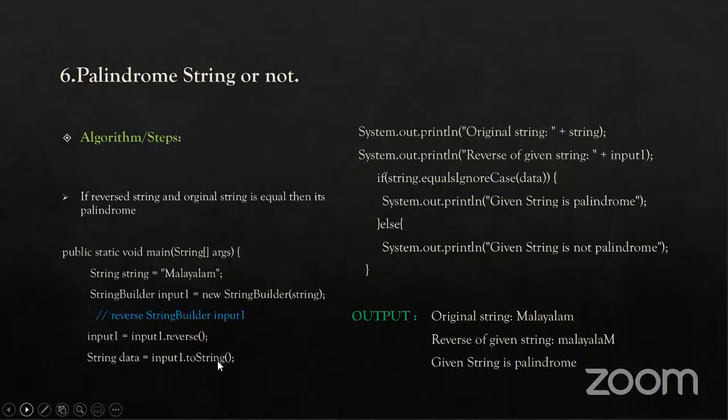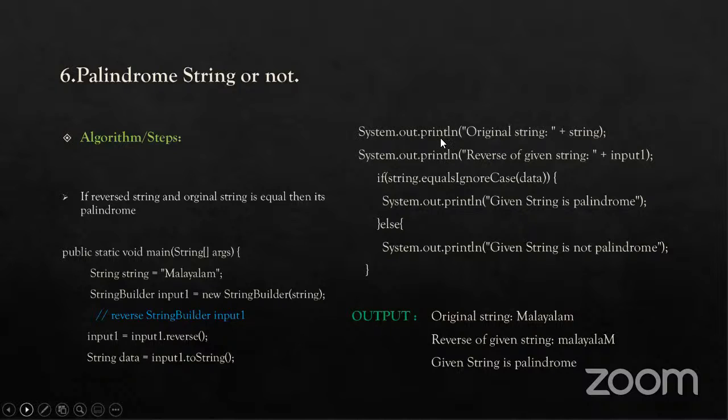Using toString, I am converting input one to a string and storing it in an object called data. Now our reversed string is inside the data variable, and the original string is inside the string object.